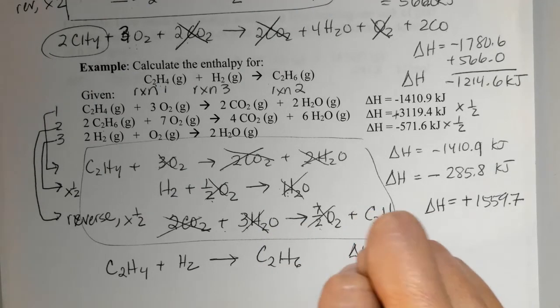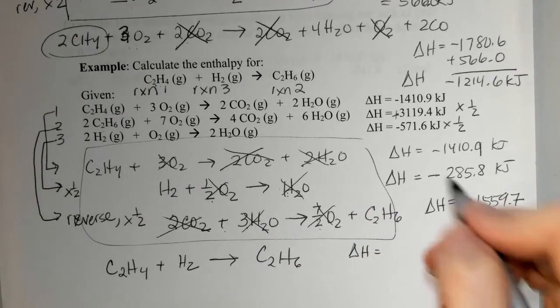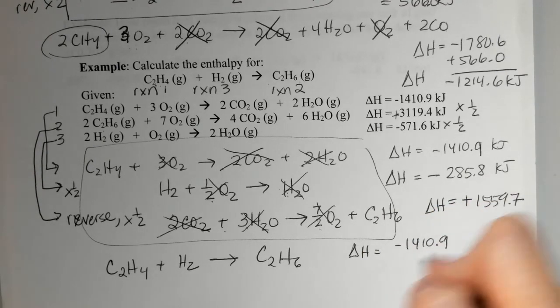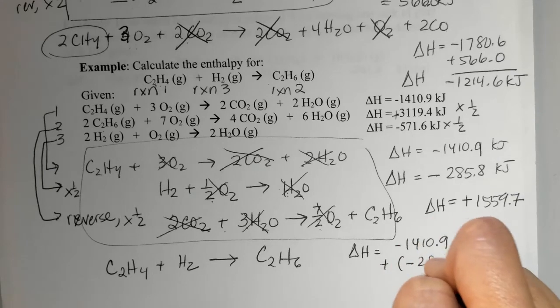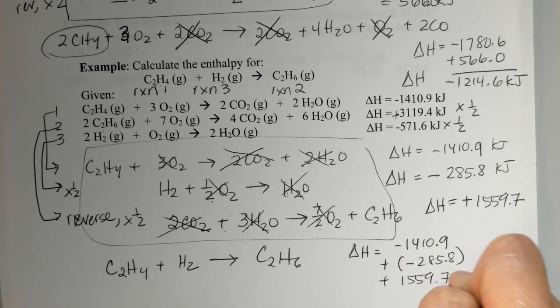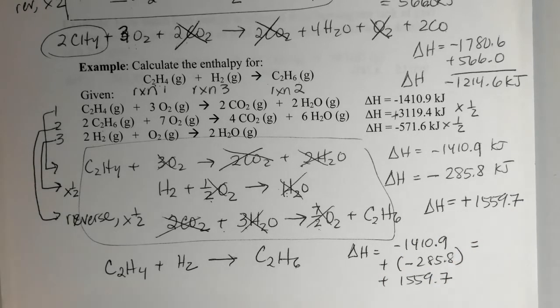What happens to delta H? I'm going to add everything together. So I've got negative 1410.9 added to negative 285.8 added to 1559.7. So what do I get? 1559.7, negative 1410.9, and negative 285.8.